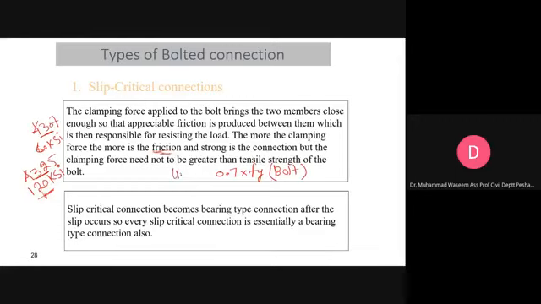You can say the clamping force is up to this much. Okay. Slip critical connections, please remember, slip critical connections become bearing type connection after slippage occurs. So every slip critical connection is essentially a bearing type connection. Okay, is that clear to all of you?